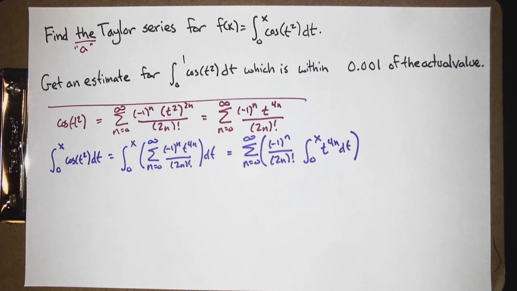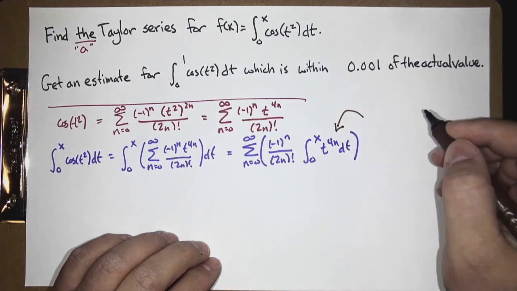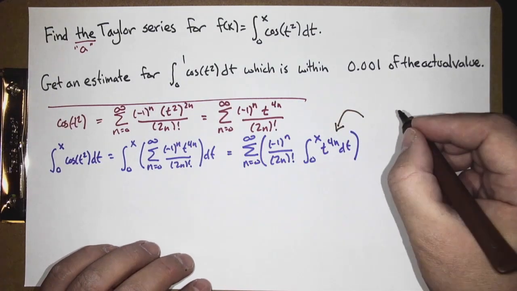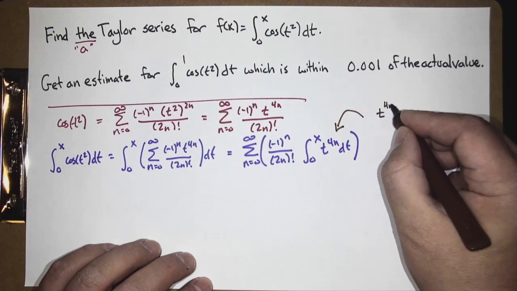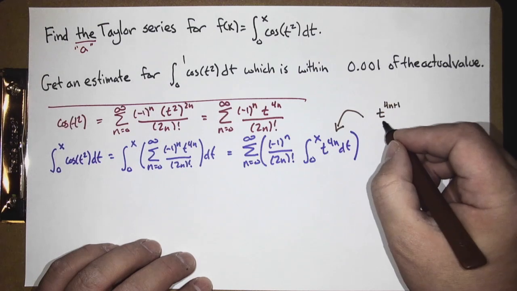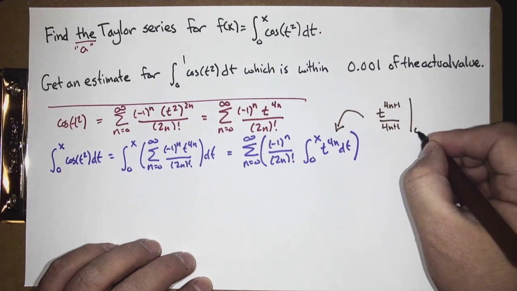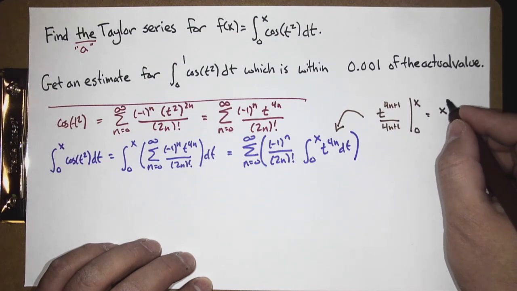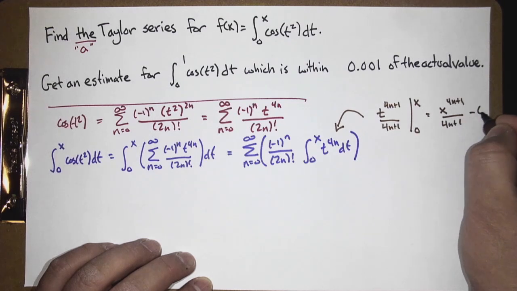What is the integral of t to the power 4n? It'll be t to what power? 4n plus 1, and then divide by 4n plus 1. And don't forget, it's a definite integral. Evaluate from 0 to x. So this becomes x to the 4n plus 1 over 4n plus 1, subtract 0.